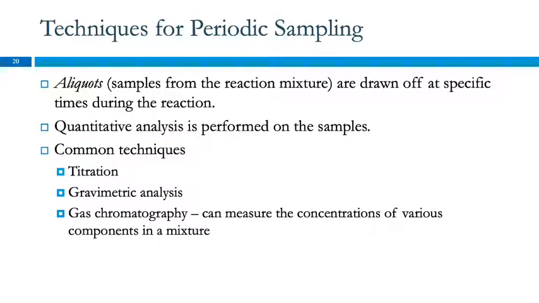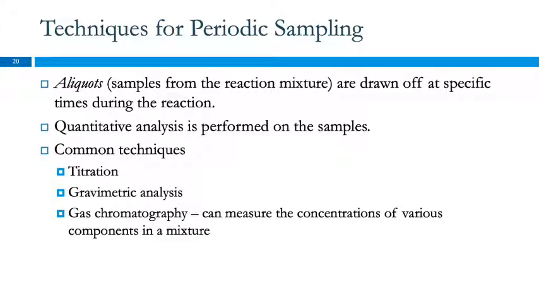For periodic sampling, say from a slow reaction, we'll take samples, those are called aliquots, samples of the mixture off at particular times, and then we'll analyze them. So we'll let the reaction go maybe for an hour, and then we'll take a little sample out and quickly run our test on it to find out what the concentration is.